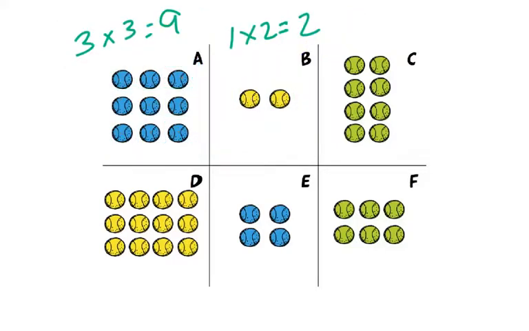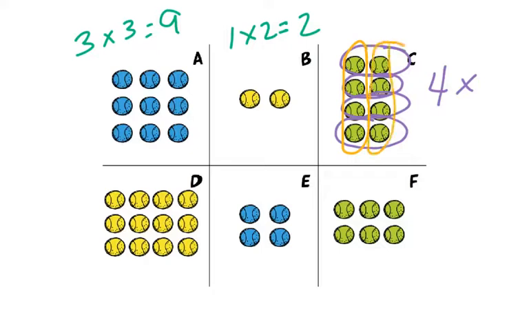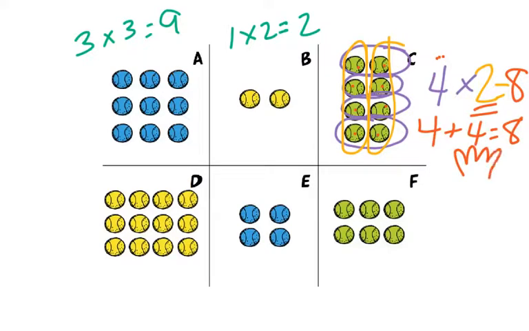Now let's take a look at C. We've got 1, 2, 3, 4 rows times 2 columns equals 1, 2, 3, 4, 5, 6, 7, 8. Or like we said yesterday, anything times 2, you double the other number. So 4 plus 4 equals 8. Or we could put up 4 fingers and count by 2 on each one of those fingers, and that would also be 8. So 4 times 2 is 8.